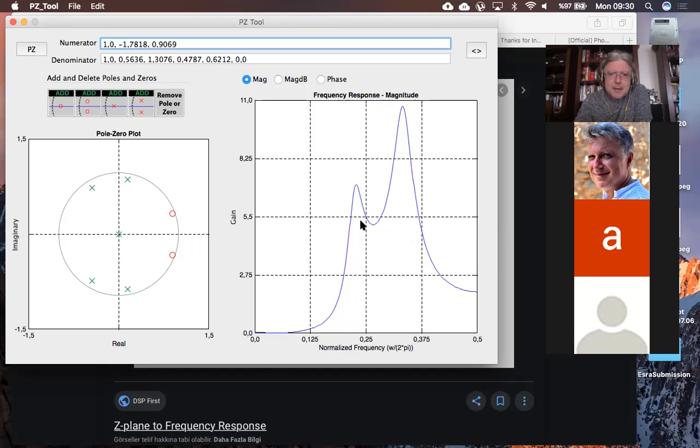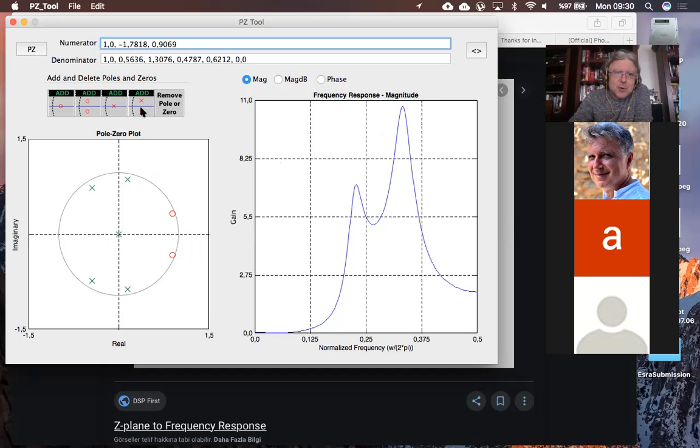And then at a certain frequency, the distance from the pole becomes smaller. Therefore, it shows a peak. And then it goes down a little bit and reaches another peak, which is this time because of this pole that we have.